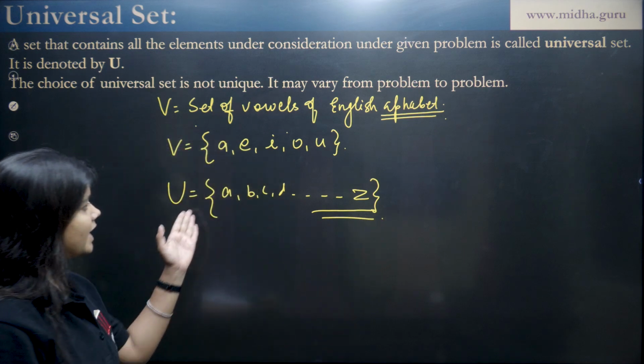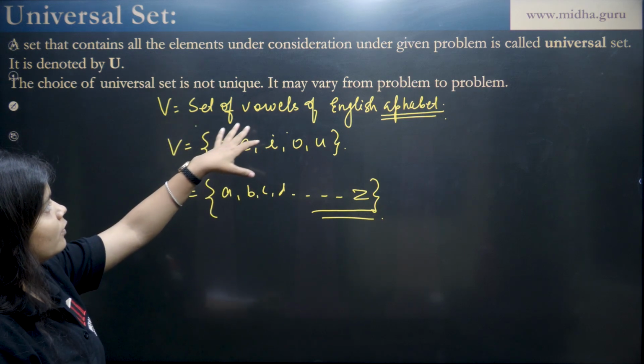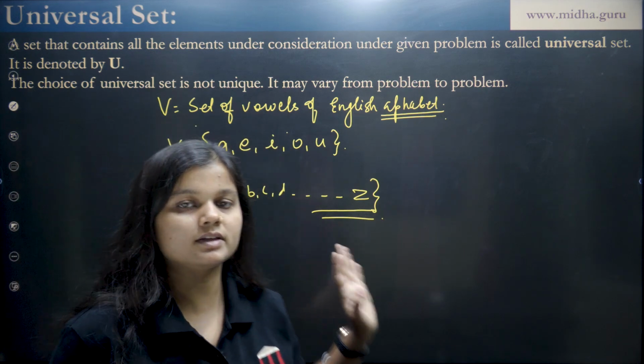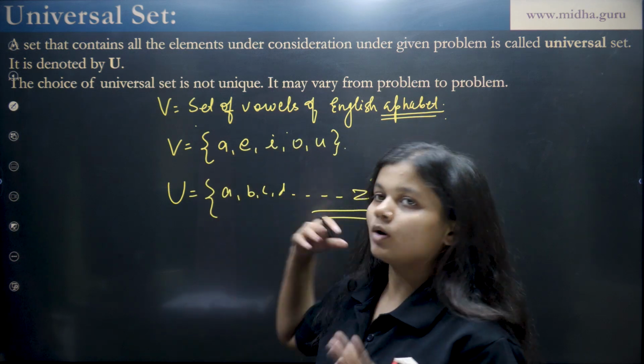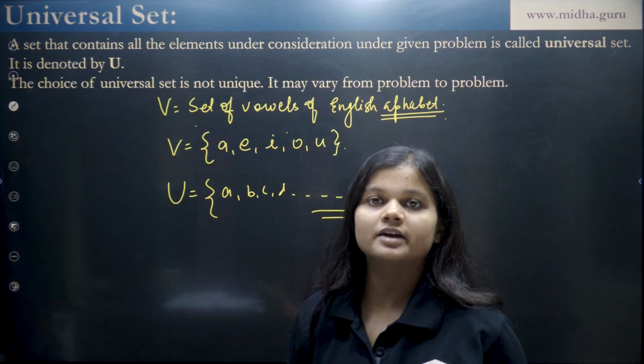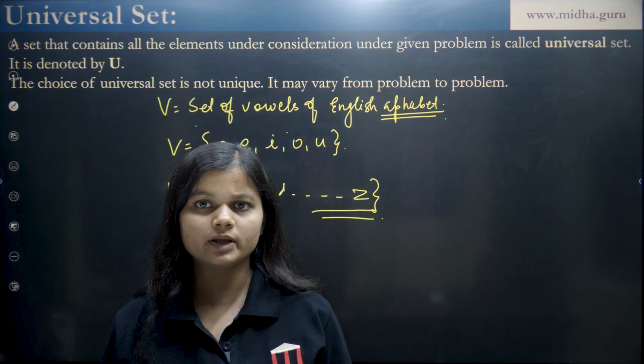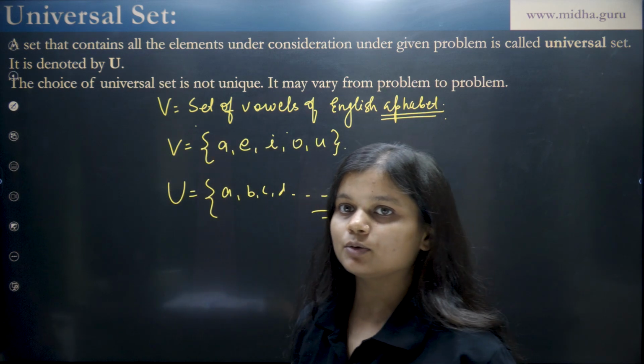So the universal set can be this, and the set of vowels is this. Okay, so the universal set is that set which takes all the elements under consideration of the given problem. So I hope this is clear to you.